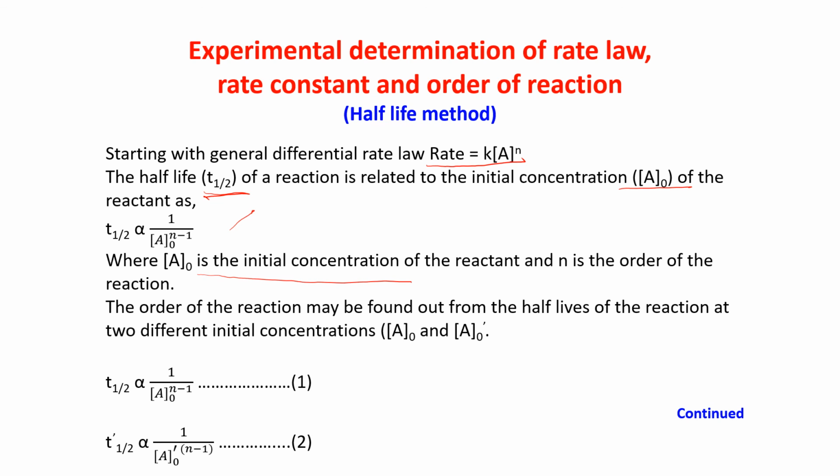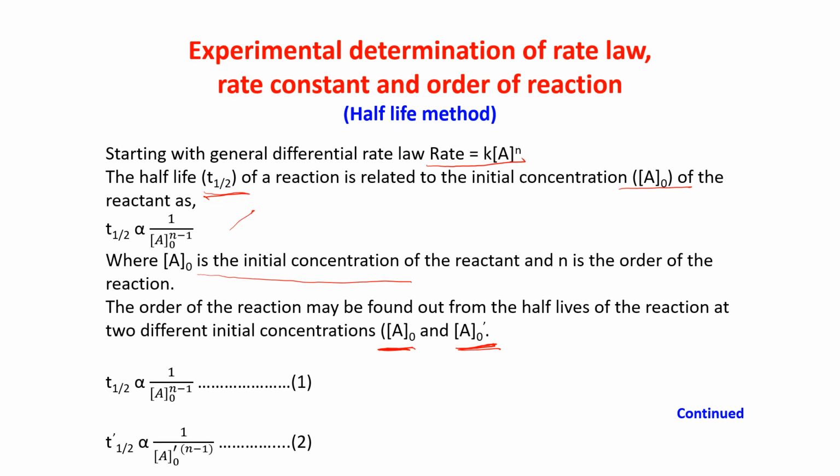Okay. Now the order of reaction may be found out from the half-lives of the reaction at two different initial concentrations. Suppose we take two different initial concentrations, A naught and A naught prime. Now I have to find out the half-life of the reaction with this initial concentration, and the half-life with A naught prime as the initial concentration.